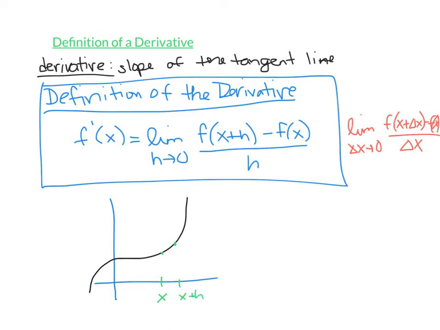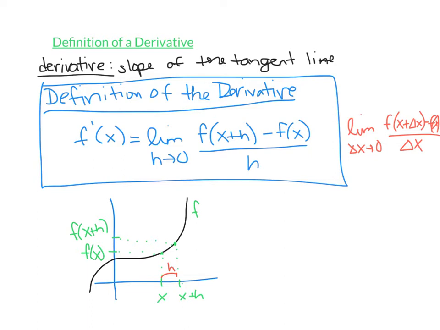What that means is that this distance right here is h. So then, if this function is called f, which we usually use for functions, then this y value right here is f of x. And then the upper y value is going to be f of x plus h.